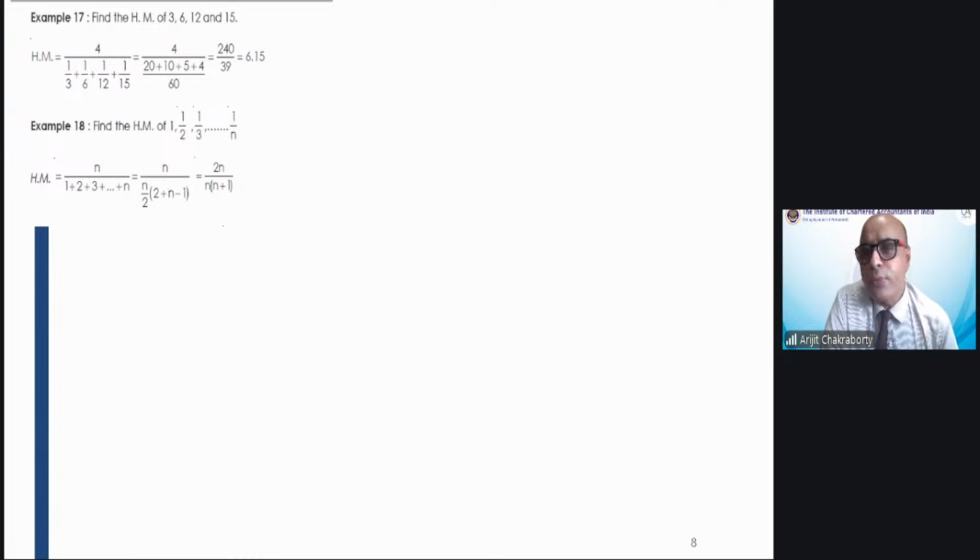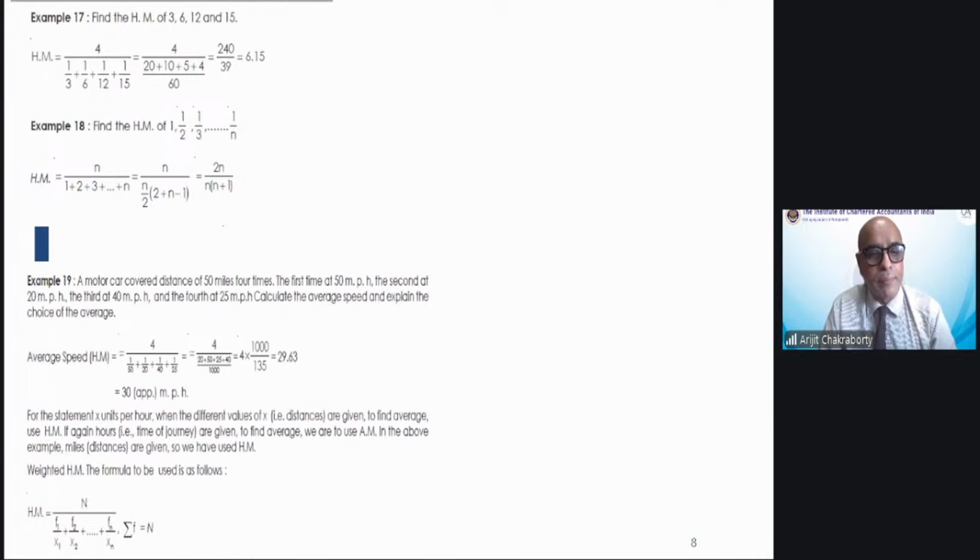If you just do the simplification, you end up getting 2n divided by n into n plus 1. After cancelling n, you will get 2 divided by n plus 1. So this is a very interesting question from the study material.